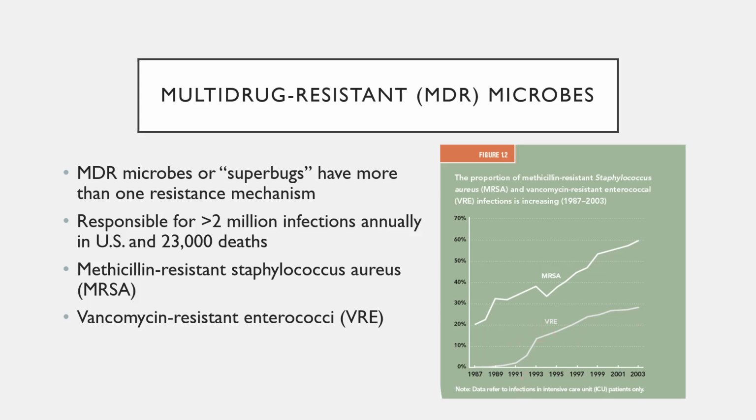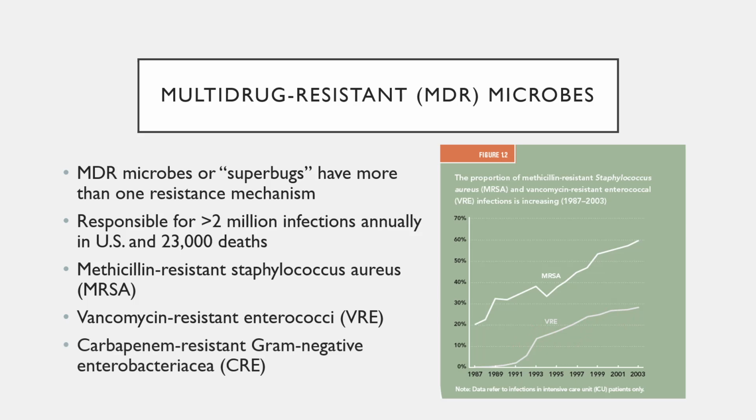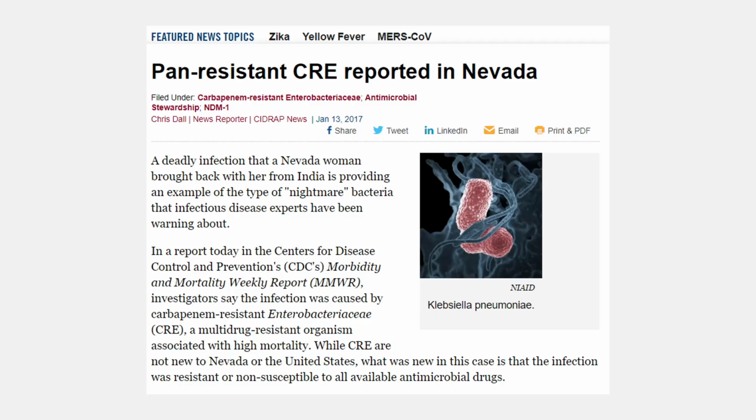Even more recently, there's carbapenem-resistant gram-negative Enterobacteriaceae, or CRE. And these are strains of bacteria that are resistant to carbapenem, which is often considered the antibiotic of last resort in an infection. A few years ago in Nevada, there was the identification of a pan-resistant CRE in a woman that had an infection.